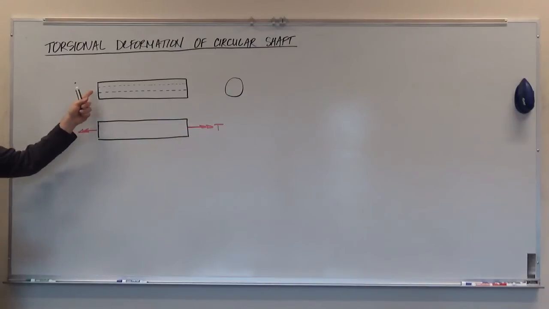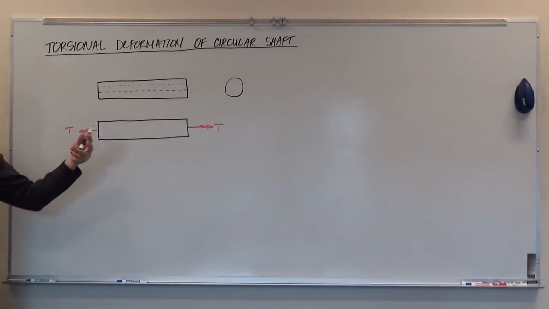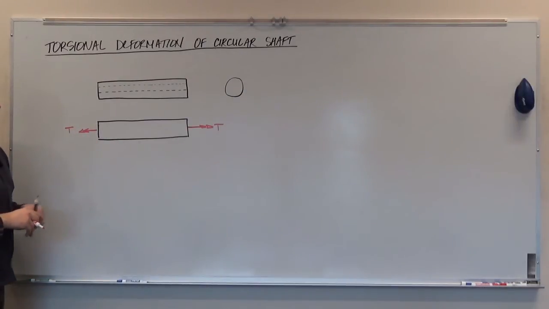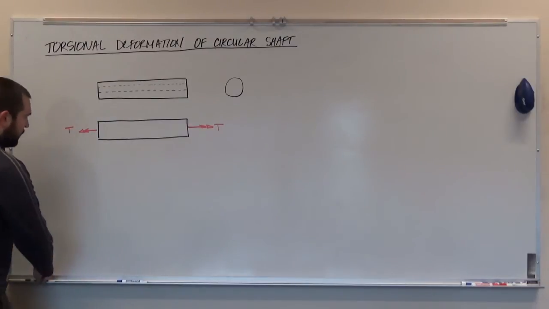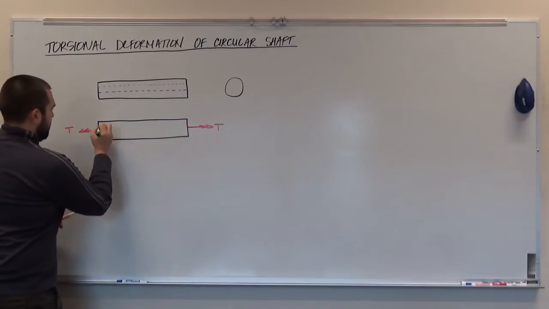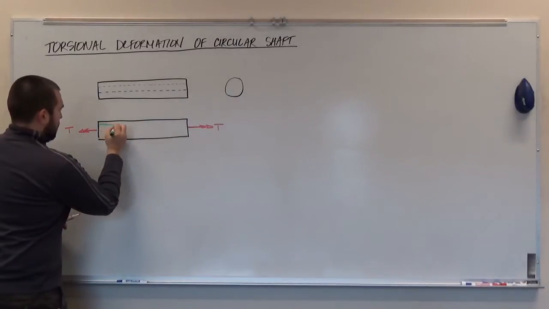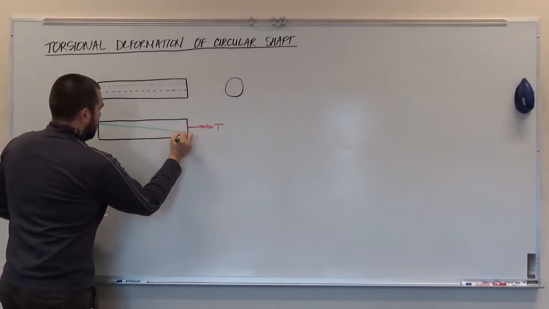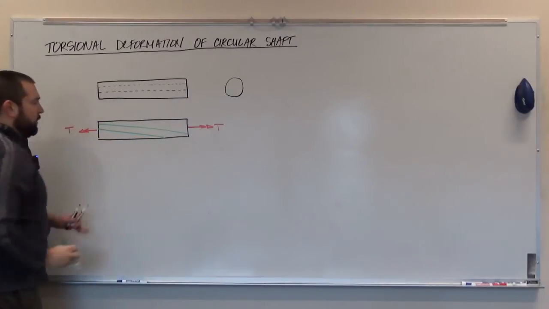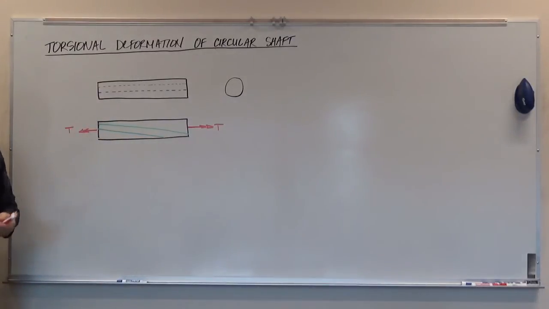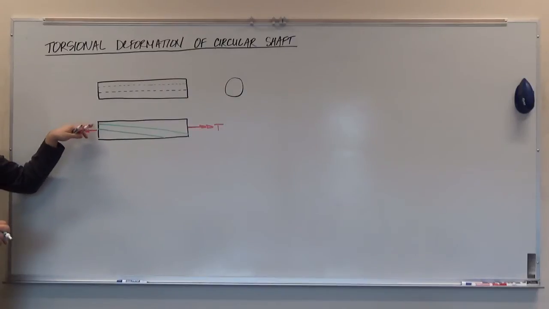What's going to end up happening to these originally longitudinal lines is that they're going to start to go at an angle. As we twist the shaft, they're going to start to deform. And so what that new shape is going to look like is something roughly like this. Okay, so these originally longitudinal lines are going to start to form an angle with the longitudinal axis.